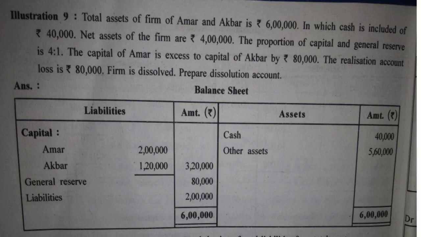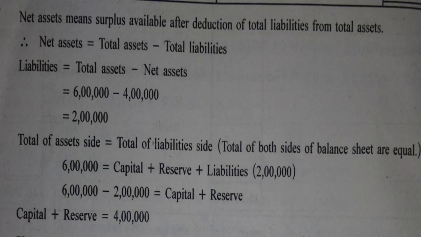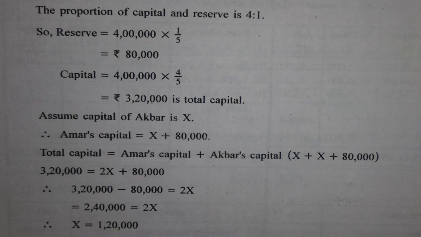So what they are trying to say is कि अमर का जो कैपिटल है वो अकबर से 80,000 रुपये ज़्यादा है. So first I should be aware of what is the capital of Akbar. But I don't know what is the capital of Akbar, and that is the reason I will suppose the capital of Akbar as X. Basic math.